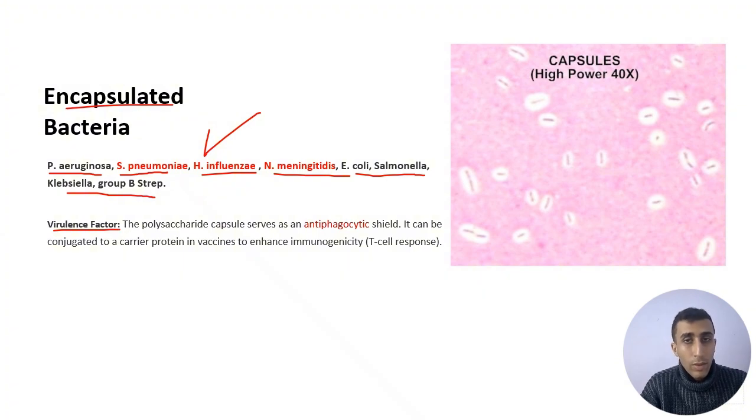As we've discussed also, a virulence factor is something that either helps the bacteria invade or evade the immune system, and the polysaccharide capsule serves as an antiphagocytic shield. It covers and hides the underlying layers of the bacteria from the immune cells. And the capsule can be conjugated to a carrier protein in a vaccine such as the Strep pneumoniae vaccine.